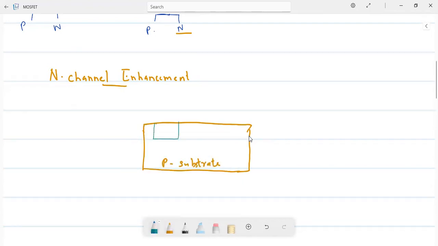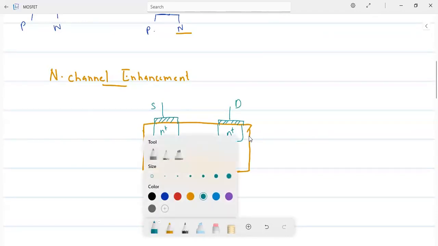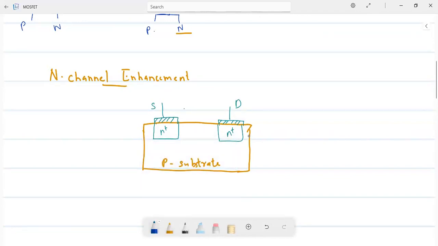The drain region and source region will be N plus. N plus source and N plus drain. So this is source. This is drain. For the gate connection, we take one silicon dioxide layer. Above that one metal layer is there. That gate connection will be taken.